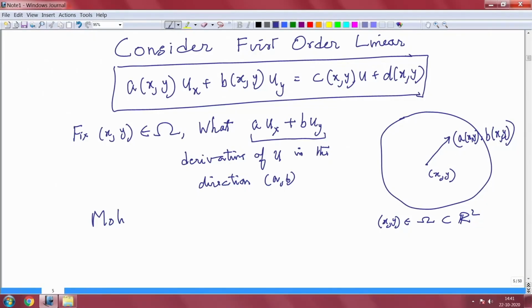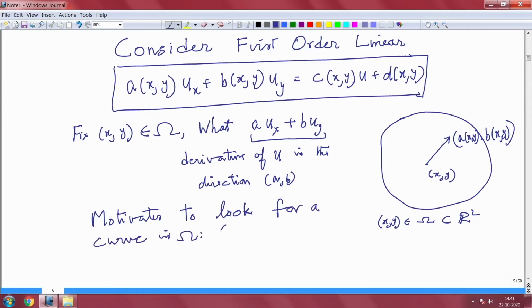So, that motivates us to look for a curve in omega.